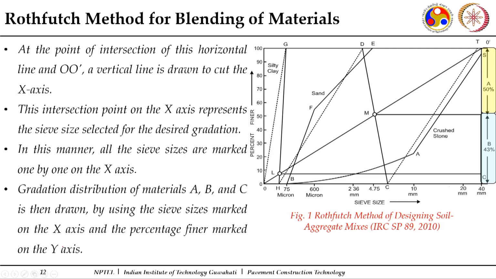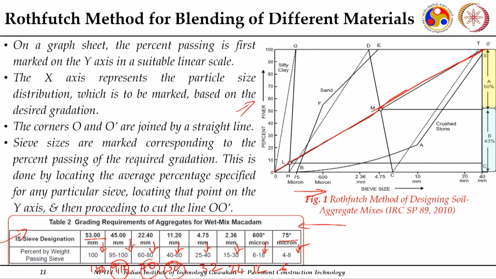So if the mid value here is 40%, I'll draw that and extend it down. Sorry, there is no 40%, this is 50%.